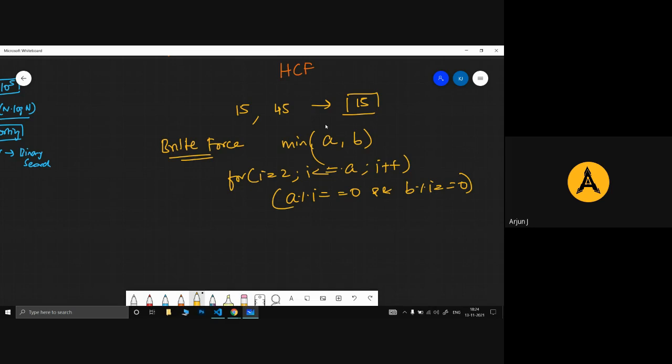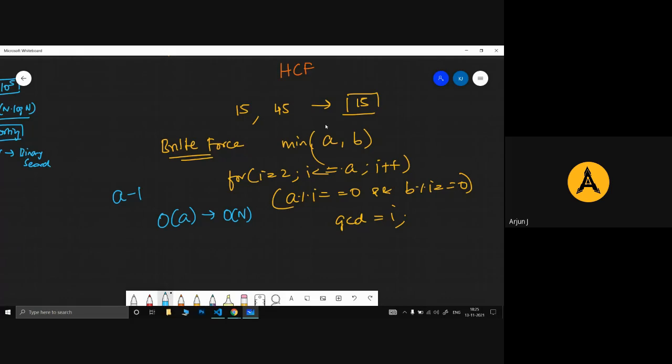In that case, our GCD would be i, and then we break this for loop. Now let's analyze the time complexity. This is going from 2 to a, so we will be doing approximately a minus 1 iterations. This is obviously going to be O of a, and we can also call it O of n because it depends on the input size.